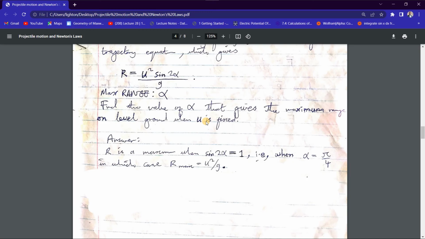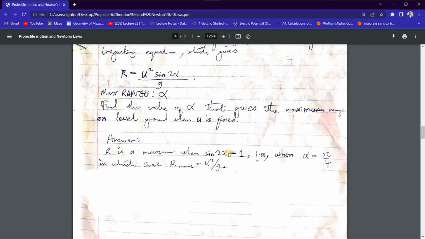Something we should know is that r is maximum when sine 2 alpha is equal to 1.